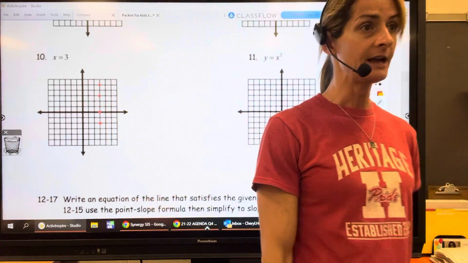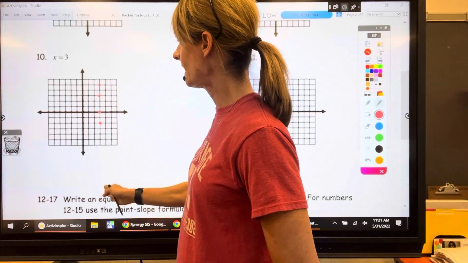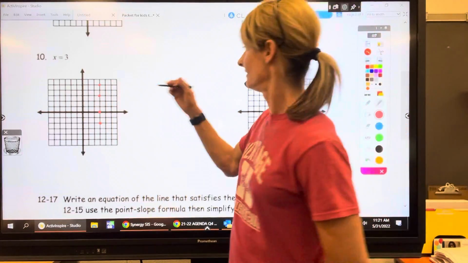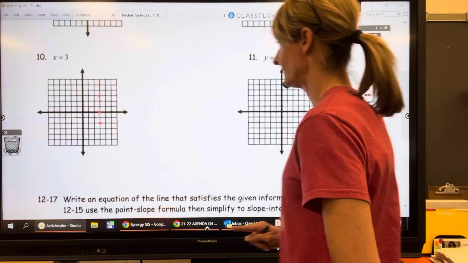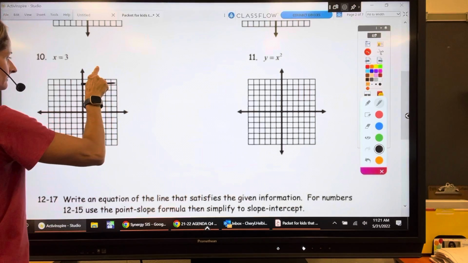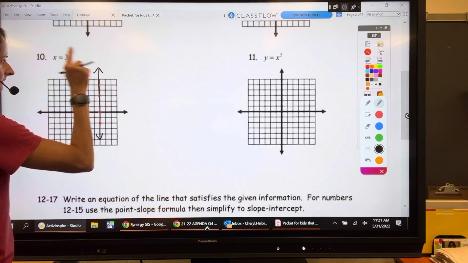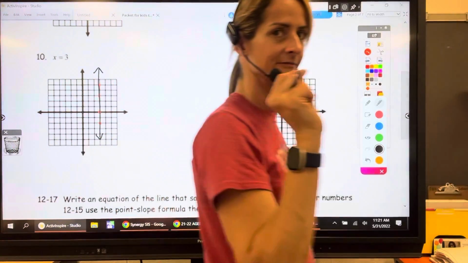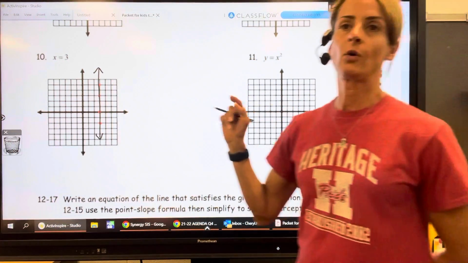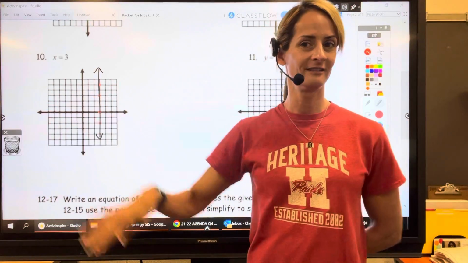A whole bunch of points with an x coordinate of 3. They are all on the same vertical line, and we call that line x equals 3. And that's why whenever you see x equals a number, it's a vertical line. How are we doing? If it was a horizontal line, it would be y equals and then a number, like the horizon, horizontal.